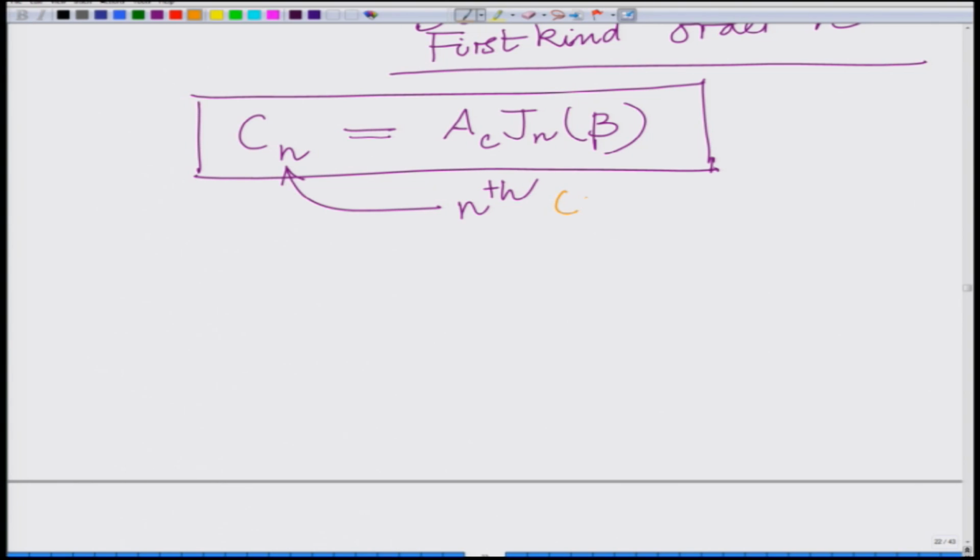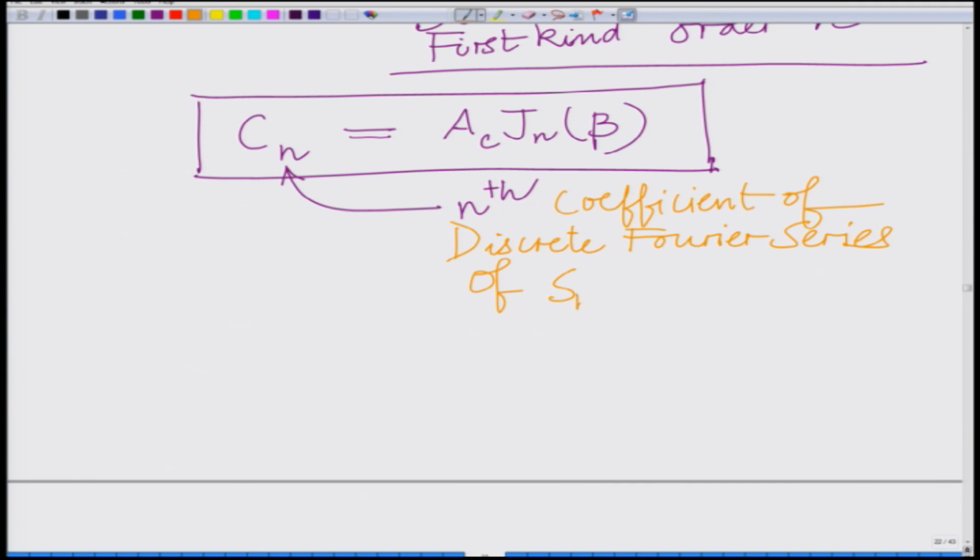So, this is the nth coefficient of the discrete Fourier series of s_b(t) equals Ac e to the power of j beta sine 2 pi fm t.